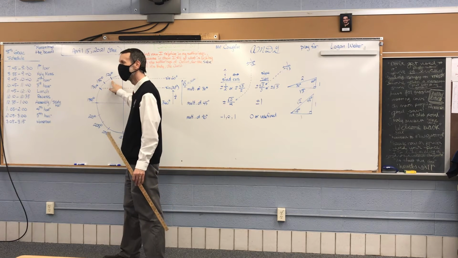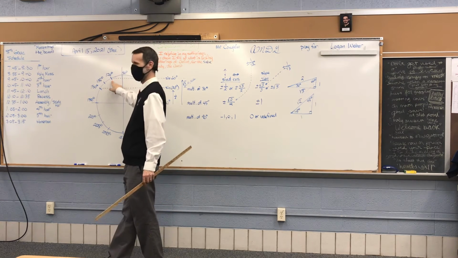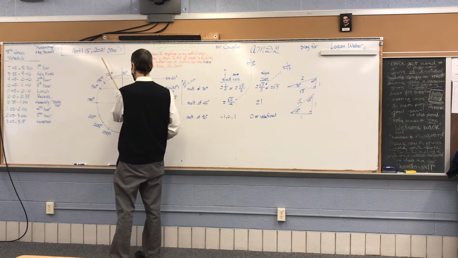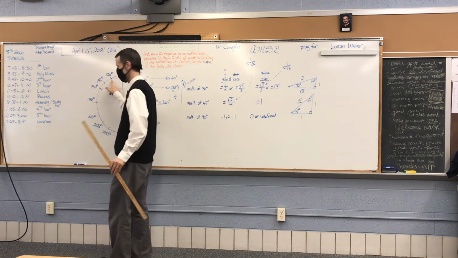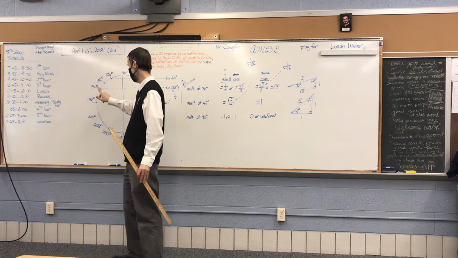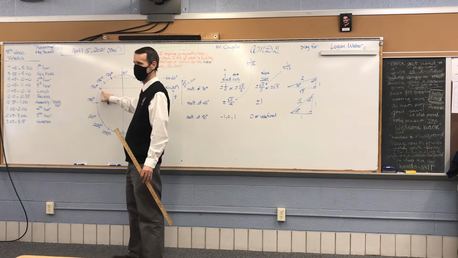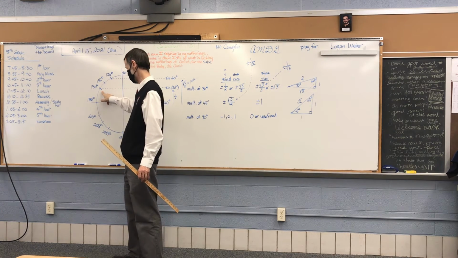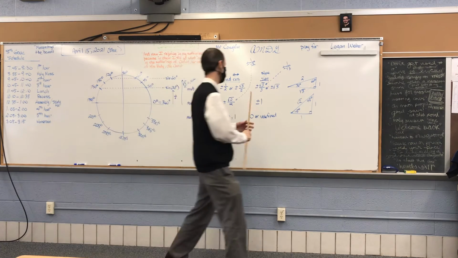Say it. Negative radical... Why do you say that? Because it's down a lot. It's a lot negative. So it's negative radical 3. Tangent. Negative radical 3 over what? 3. Over 3. Right. It is easy to get these mixed up.